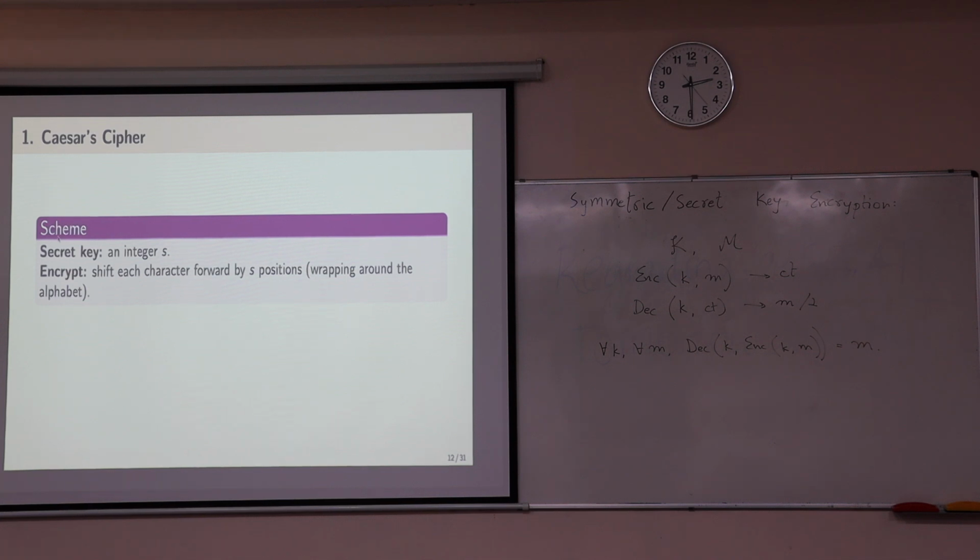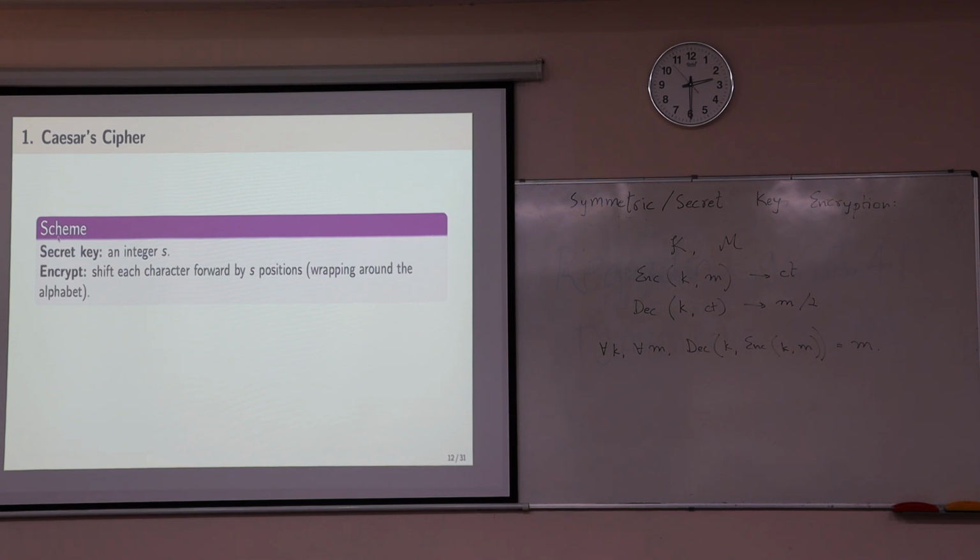So for instance, if the secret key was, let's say, 2, and if your text was BAD, then that becomes DCF. Okay. How do you decrypt? Both the parties know the secret key, so you just go back by S characters. Okay, and you go around towards the ends.